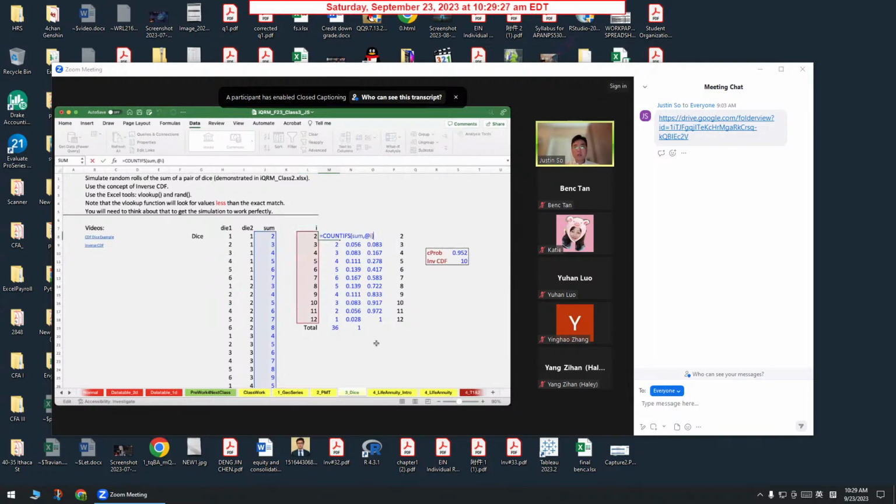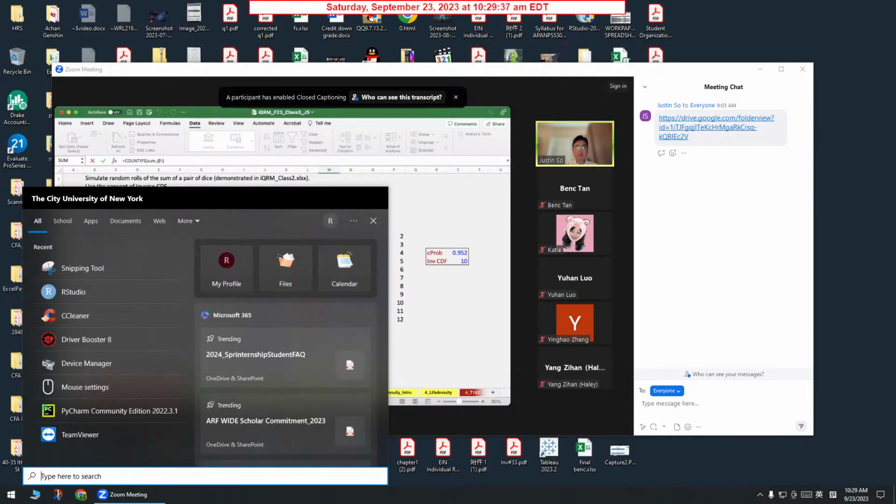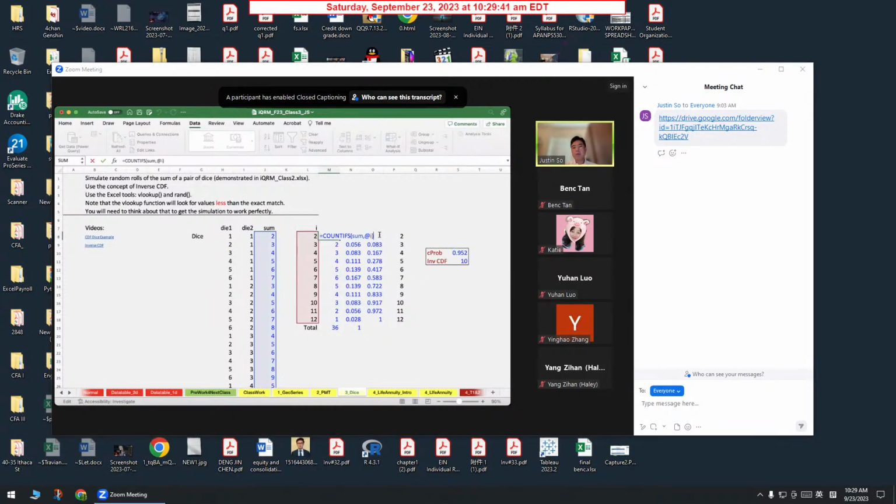Either you can count with COUNTIFS and give the condition. The condition is just here. You match this here. Or you can use a frequency function. Either way, you can try both. But don't count manually.